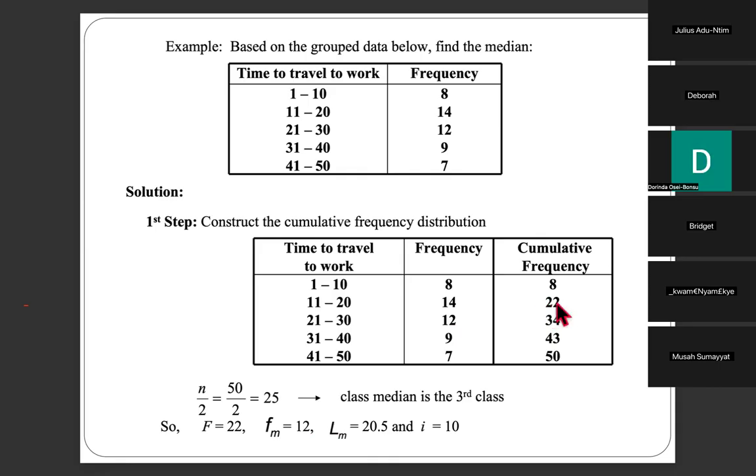That will be this 22. So cumulative frequency before the median class, 22. Frequency on the median class is 12. The lower class boundary of the median class is 20.5. And then the class width. We are moving from 1 to 10, 11 to 20. It has the same width, the distance from 1 to 10 is 10. So that is how we got these values.